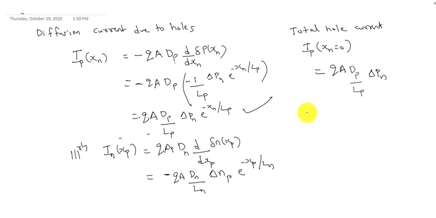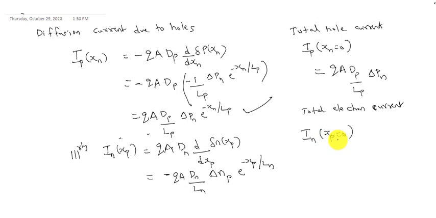Similarly, the total electron current In of xp is equal to 0. Again, we are measuring the total current at the edge of the depletion region on the p side.